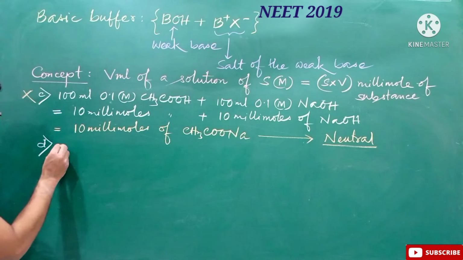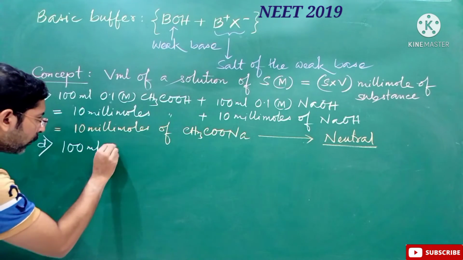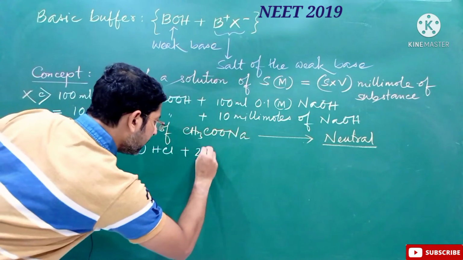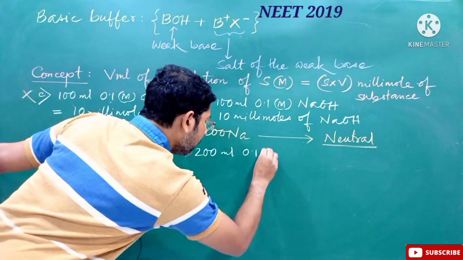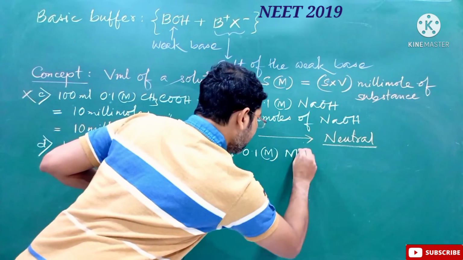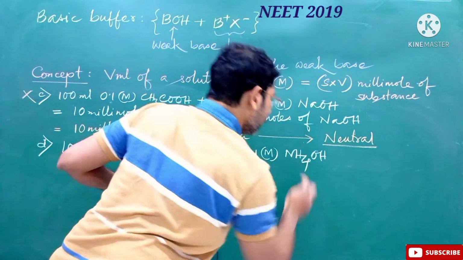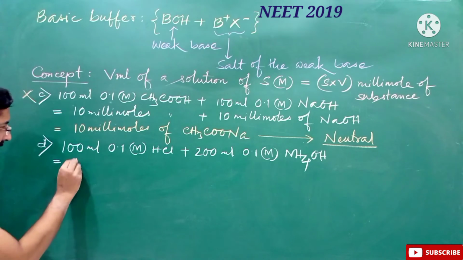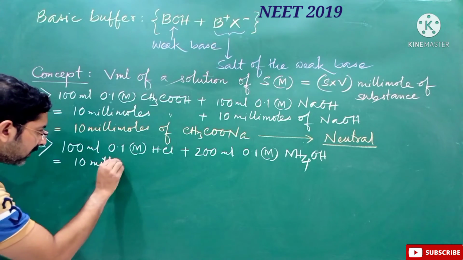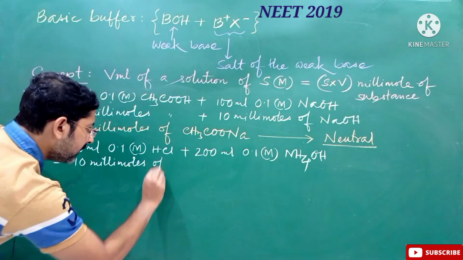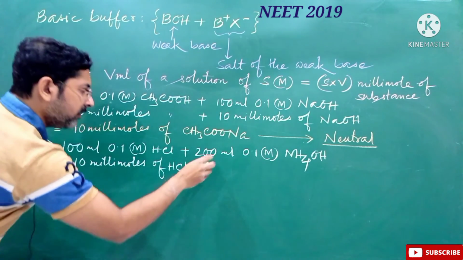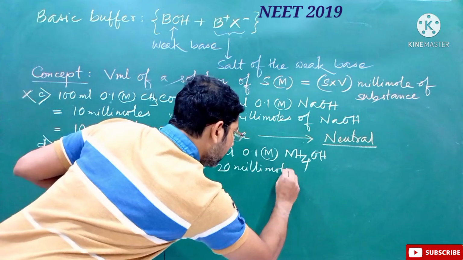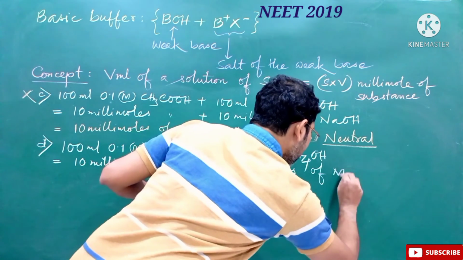Okay, now option D is 100 mL 0.1 molar HCl plus 200 mL 0.1 molar ammonium hydroxide, right? Now look, this is a weak base, so we can write that 10 millimoles of HCl is present, plus 20 millimoles of ammonium hydroxide.